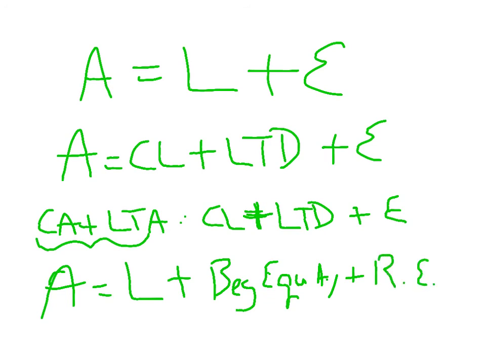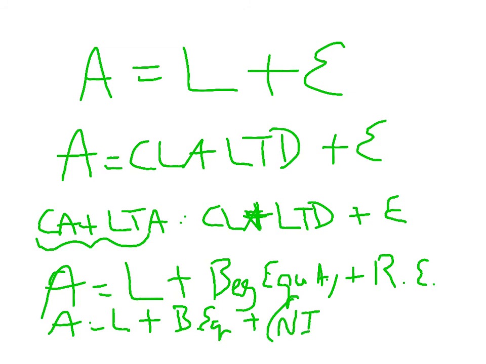Another way to say that is assets equals liabilities plus, we'll call it B, beginning equity, plus, in parentheses, our net income minus dividends.